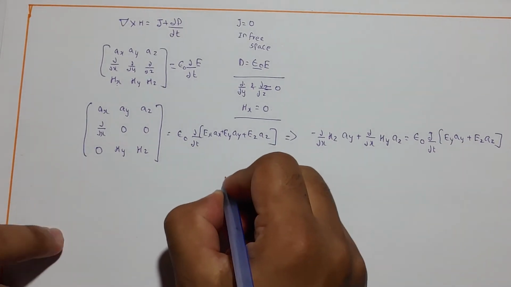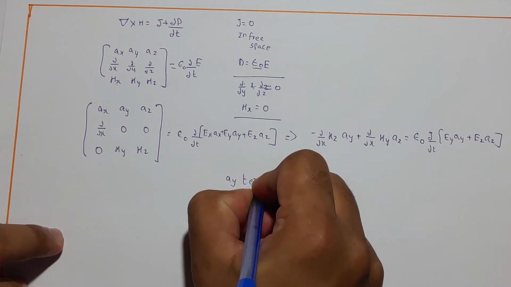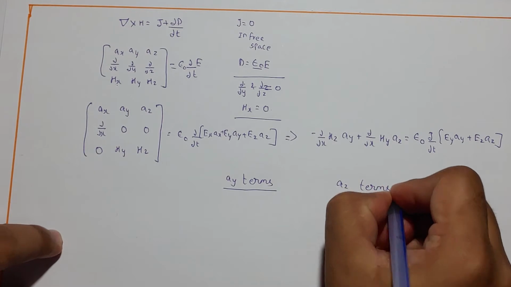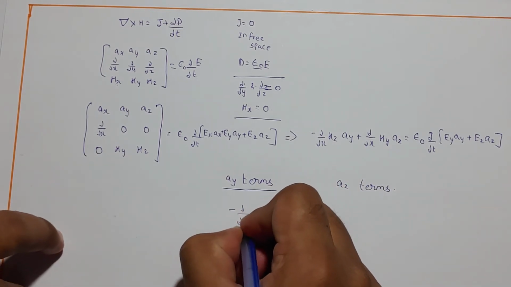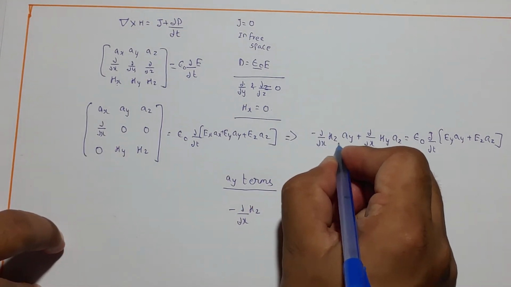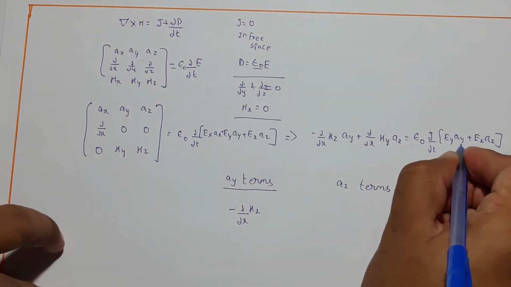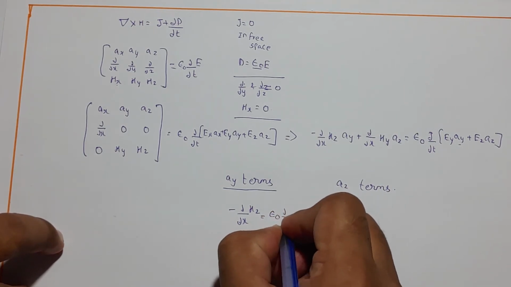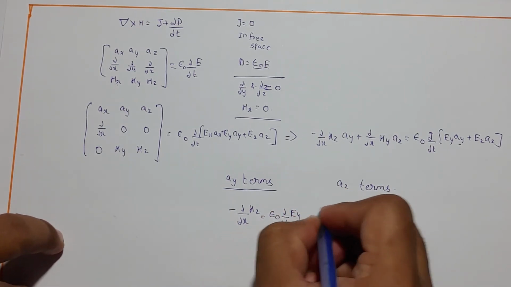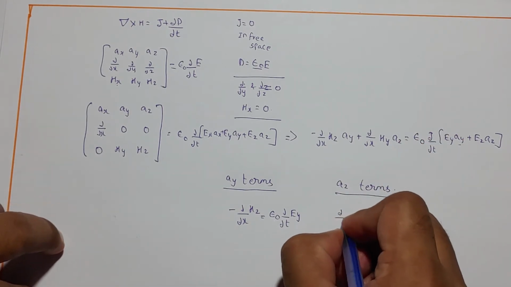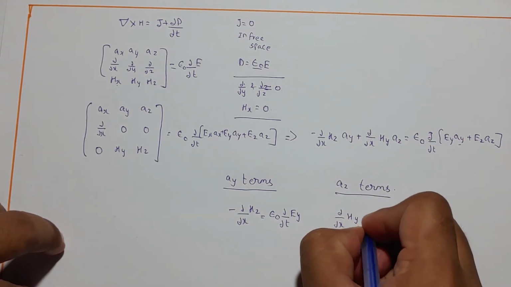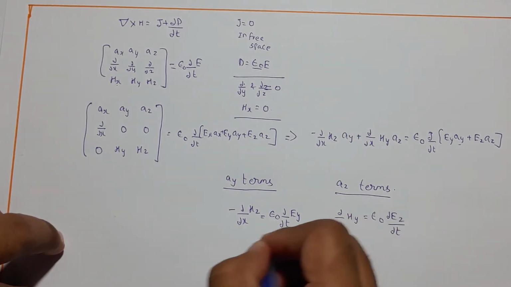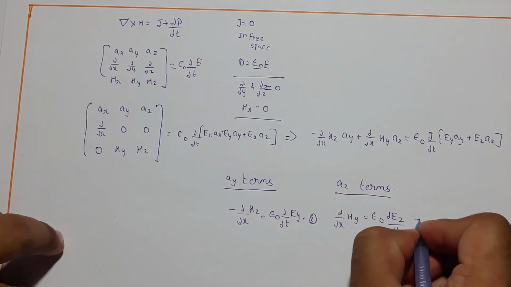In the Ay term, minus dou by dou x of Hz is equal to epsilon naught dou Ey by dou t, and in the Az term, dou by dou x of Hy is equal to epsilon naught dou Ez by dou t. This is my equation 3, equation 4.